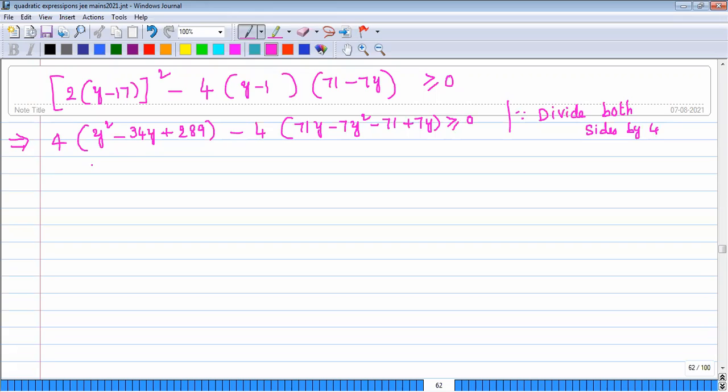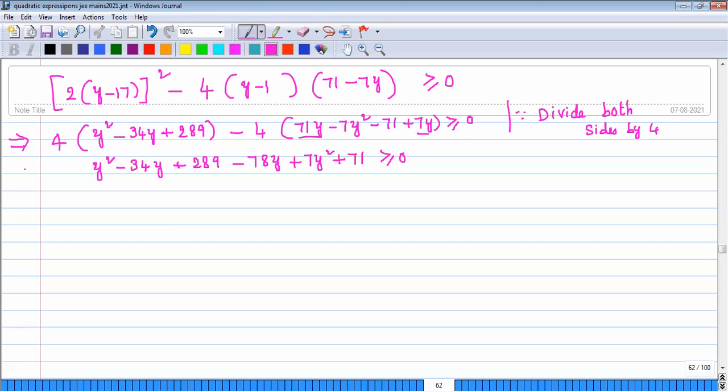So that we get y square minus 34y plus 289 minus 71y minus 7y, that is 78y, that will be minus 78y plus 7y square plus 71 greater than or equal to 0.